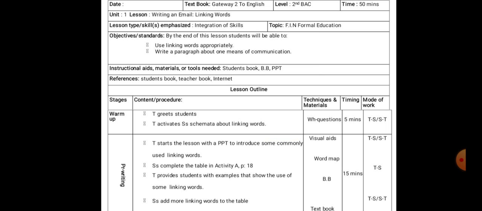In pre-writing, the teacher starts to present the lesson, for example, to introduce some commonly used linking words. Students complete the table in the activity, etc.